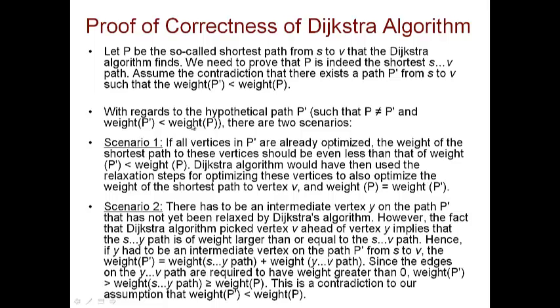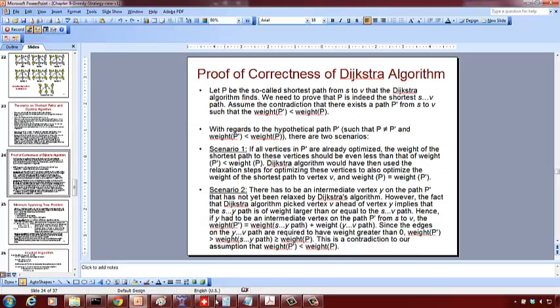The first scenario is if every intermediate vertex in the path P prime is already optimized, then what would have happened? Every intermediate vertex would have a weight of the path, right?